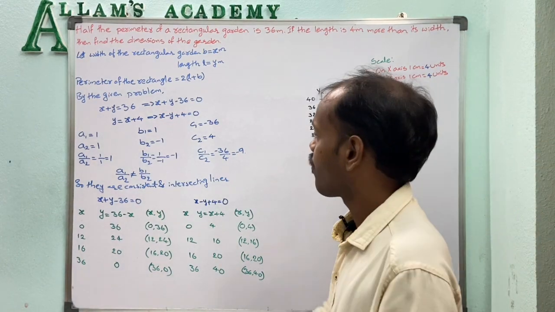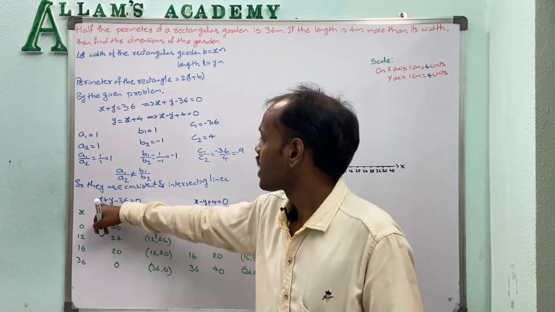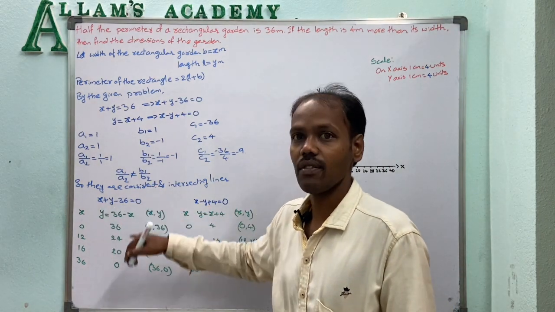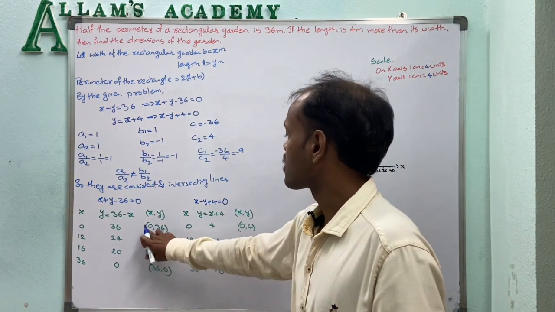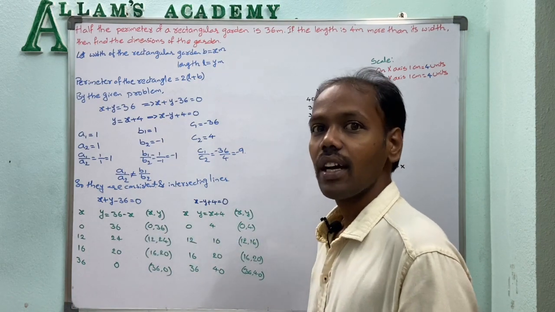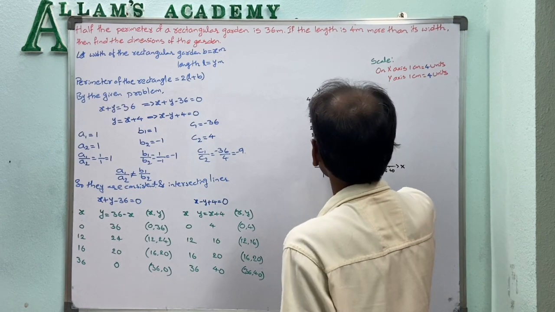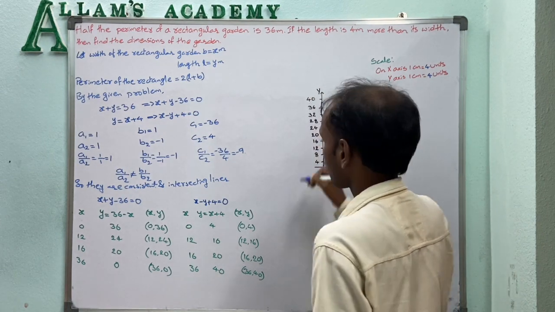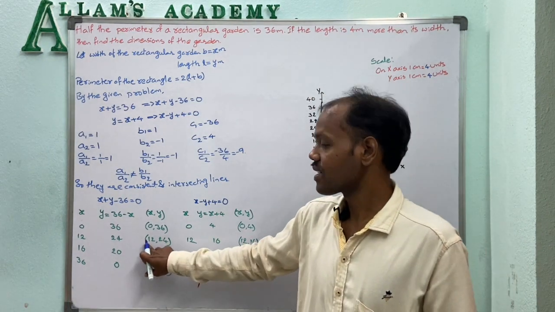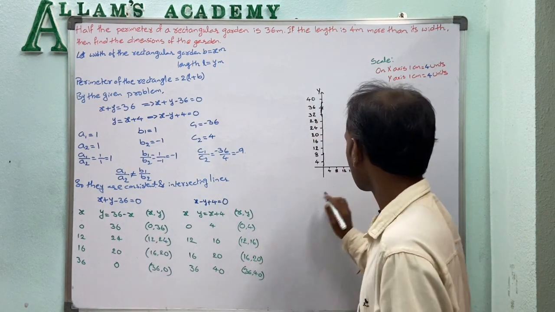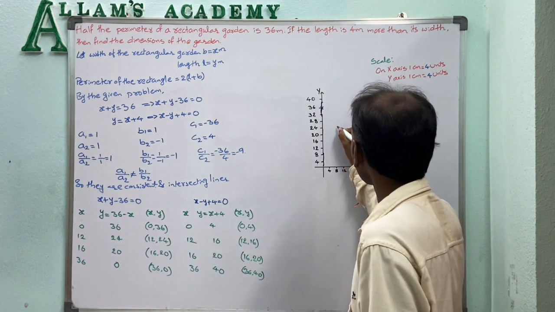Now we take the first linear equation x plus y minus 36 equal to 0. For 0, its corresponding y coordinate is 36. For 12, its corresponding y coordinate is 24.